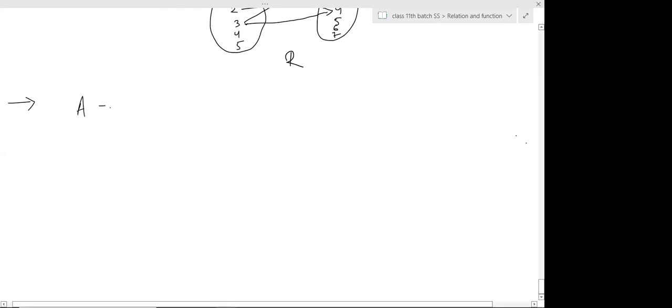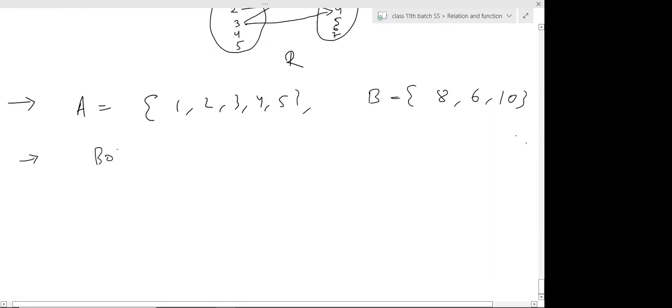Let's solve a question on that. If set A is 1, 2, 3, 4, and 5, and set B is 8, 6, and 10. The condition is both the numbers are even. Then you have to represent this in roster form and in arrow diagram.